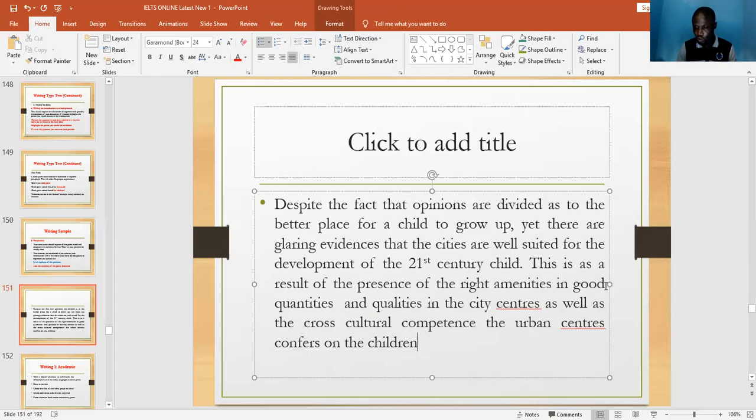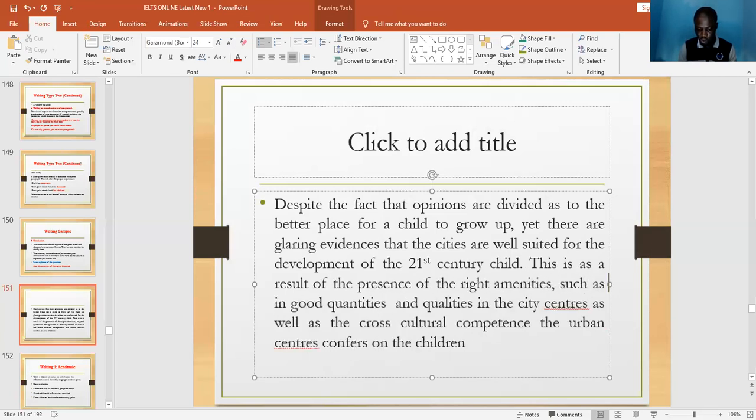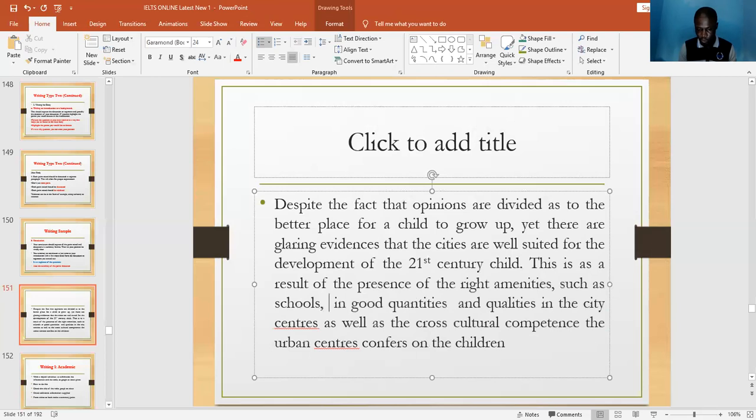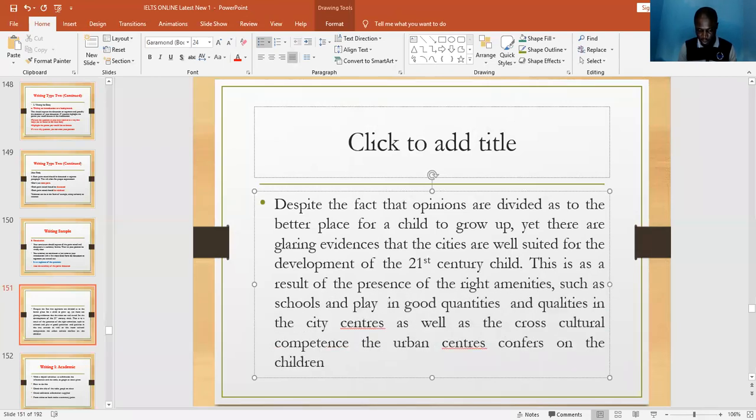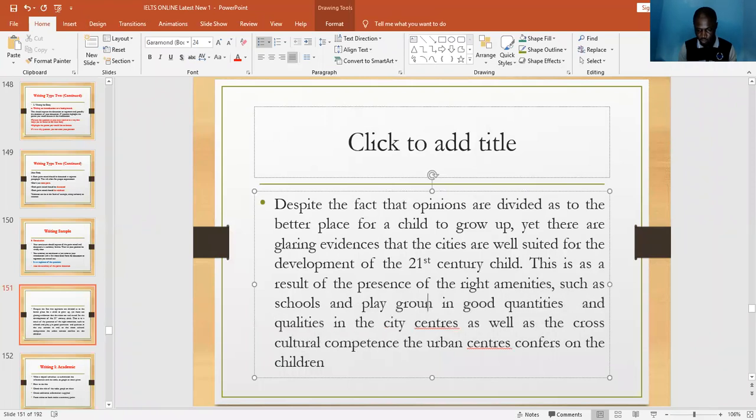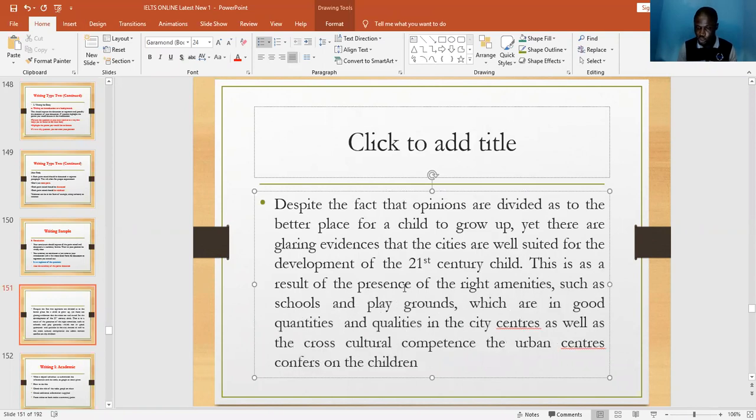Okay, I need to give some details, such as schools and playgrounds, which are in good quantities and qualities in the city centers, as well as the cross-cultural competence the urban center confers on the children. Okay, this is a summary of what I have discussed.